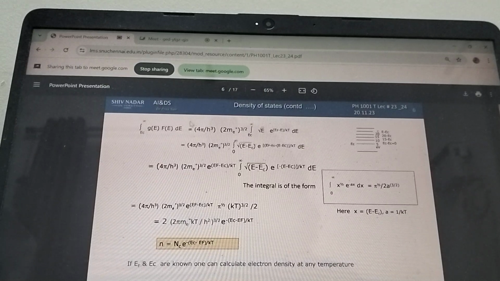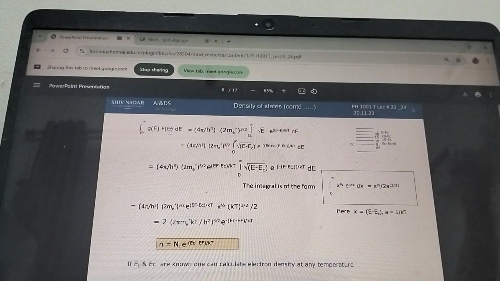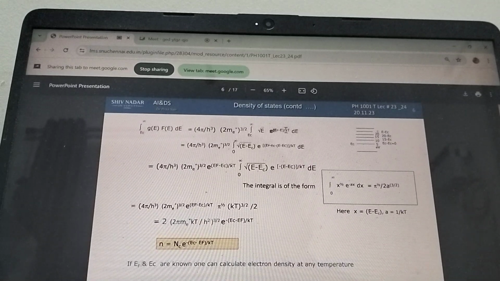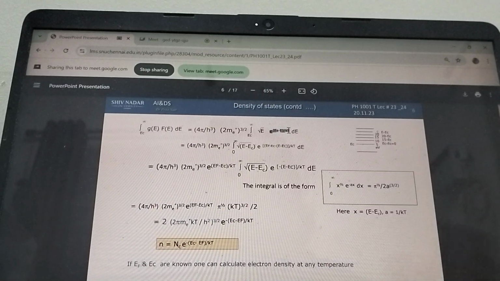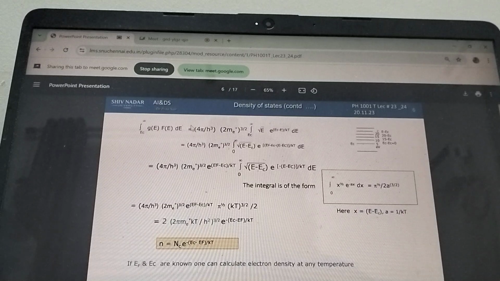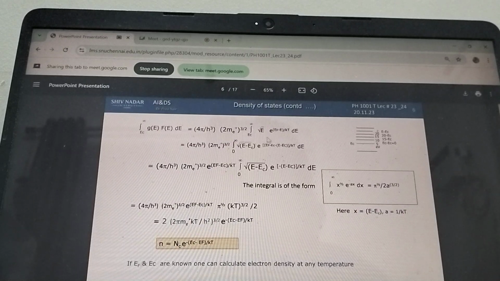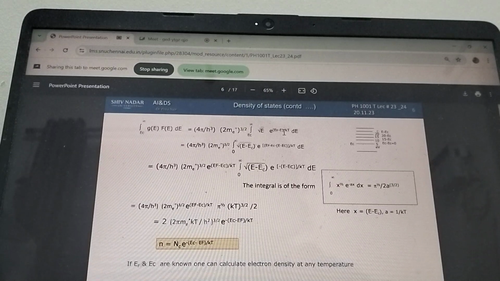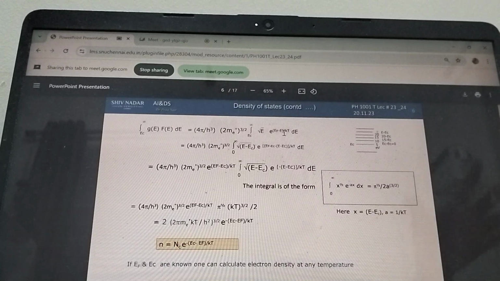This expression for G(E) we derived when we were studying quantum, and the expression for F(E) we just simplified a minute ago. When you put both together, this is the final expression you get. We simply substituted whatever expansions for G and F we already knew.